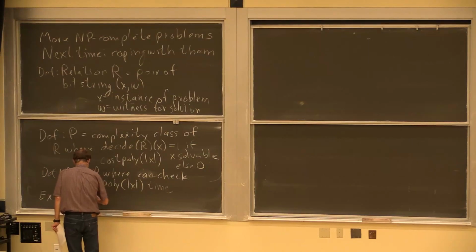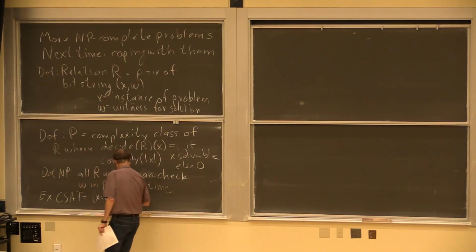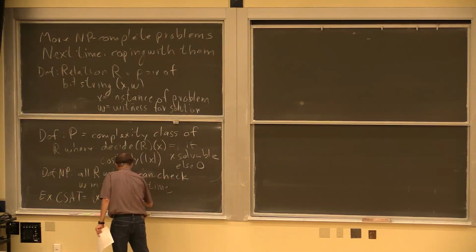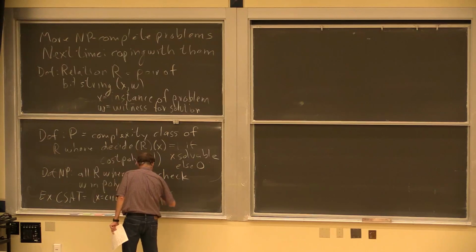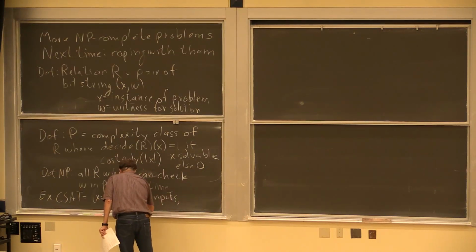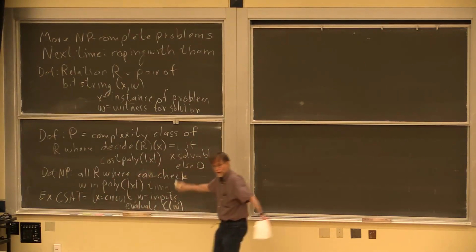And so X is a circuit. And W are the inputs. And you just evaluate, and what is the algorithm to check it? You just evaluate the circuit where you plug in those inputs and see if you get a 1 or a 0. So that was the simple example.